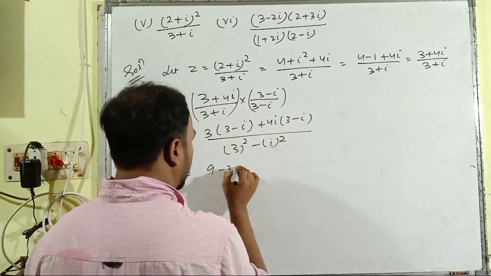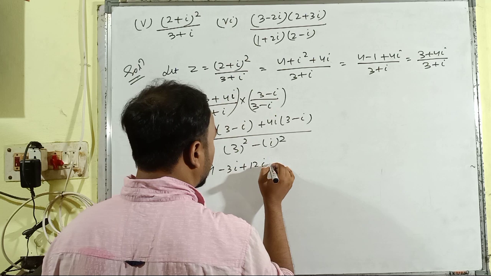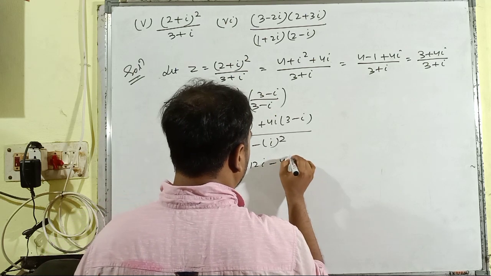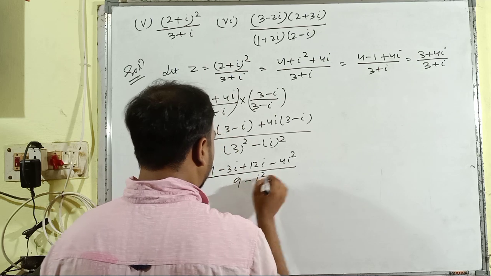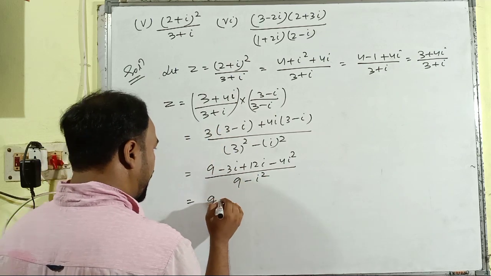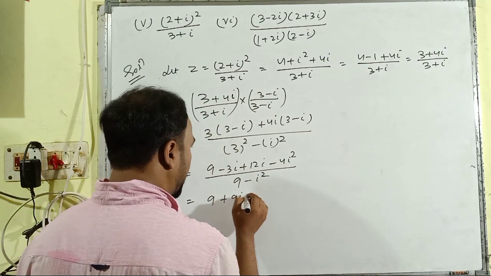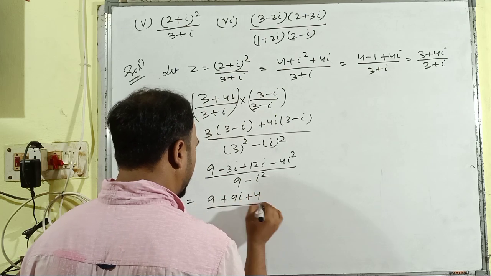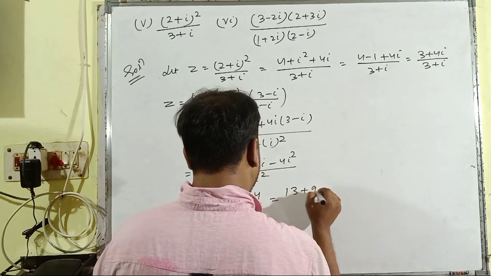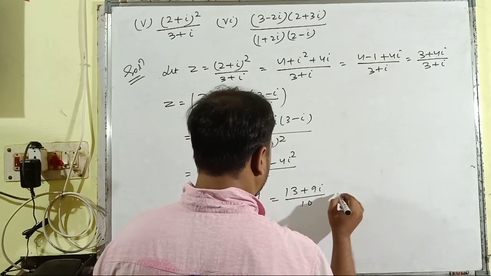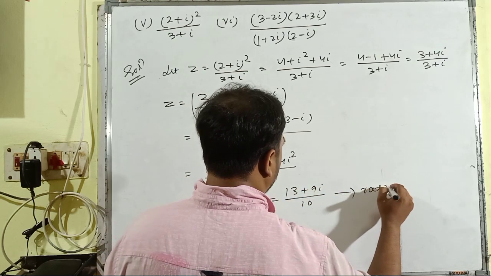It is 9 minus 3i plus 12i, then minus 4i square, divided by 9 minus i square. Then it is 9 plus 9i plus 4 divided by 9 plus 1, and it will be (13 plus 9i) divided by 10, and here it is the rational denominator form.